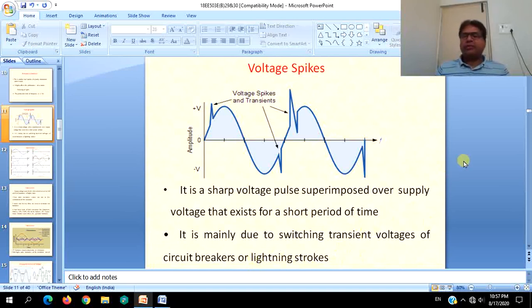Lightning strokes come from the environment or skies. When lightning occurs, there will be a high discharge of power or energy, so voltage spikes will occur. But as these are for a small duration, they affect the shape of the waveform.